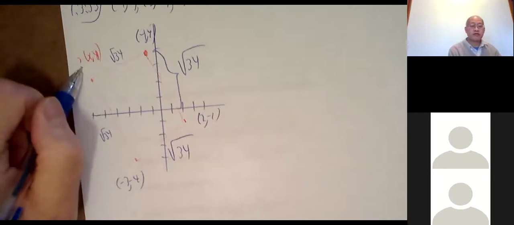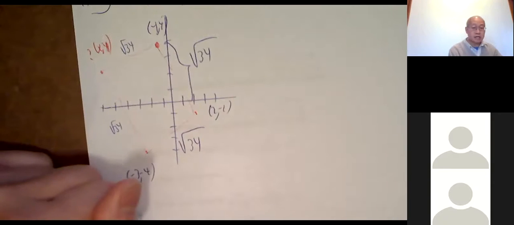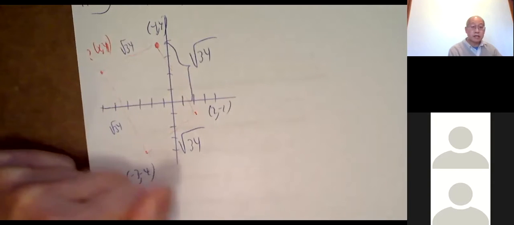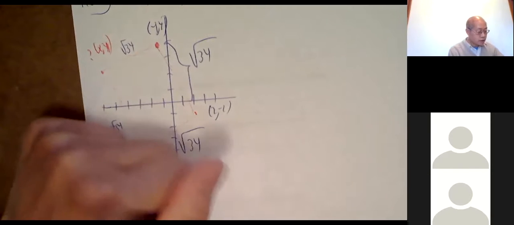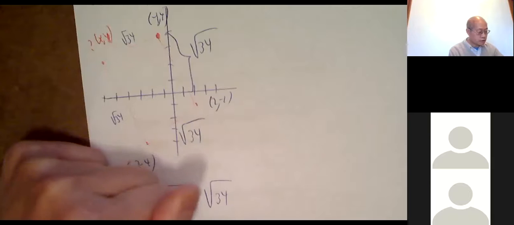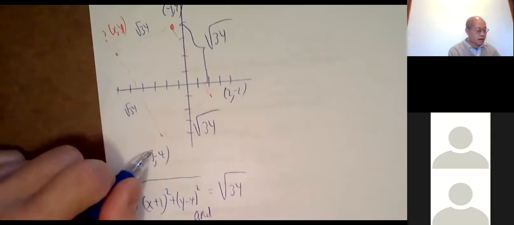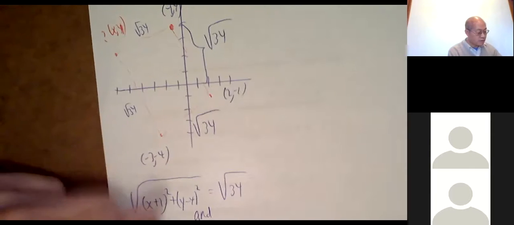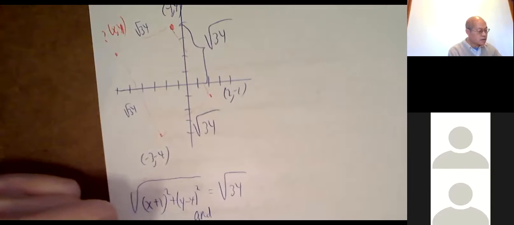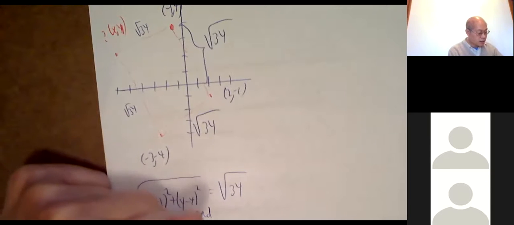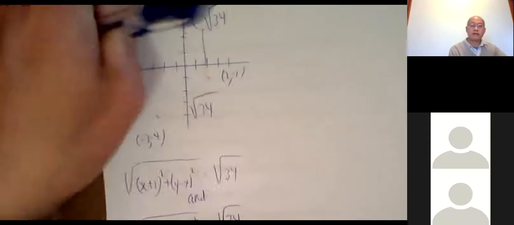Okay, so I use the distance formula for a given x, y. So the square root of x minus -1 squared plus y minus 4 squared equals radical 34. And also the distance from here to here is radical 34, namely radical x plus 3 squared plus y plus 4 squared is equal to radical 34.